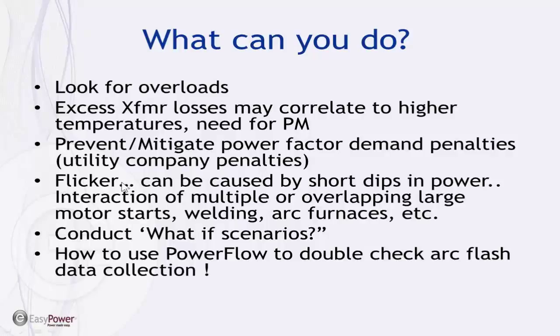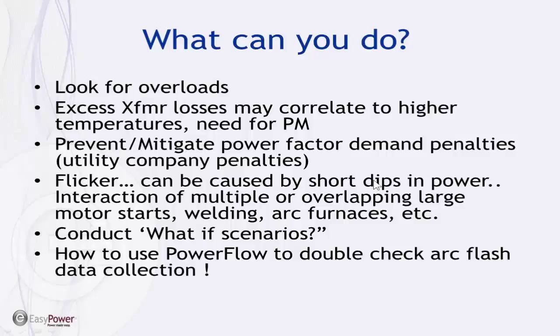A question came up last week regarding flicker and the causes of flicker, and we were talking about short circuit, but it turns out it's not so much the potential fault current that causes flicker. More likely than not, it can be caused by a very quick dip in power when we're starting or overlapping large load starts, like welding machines or arc furnaces, or even large motors.